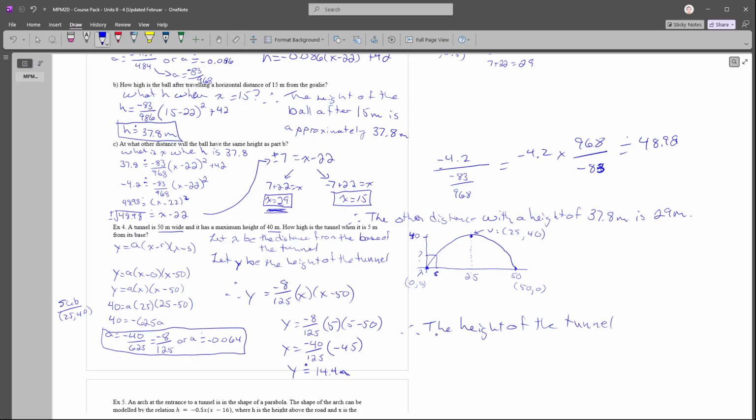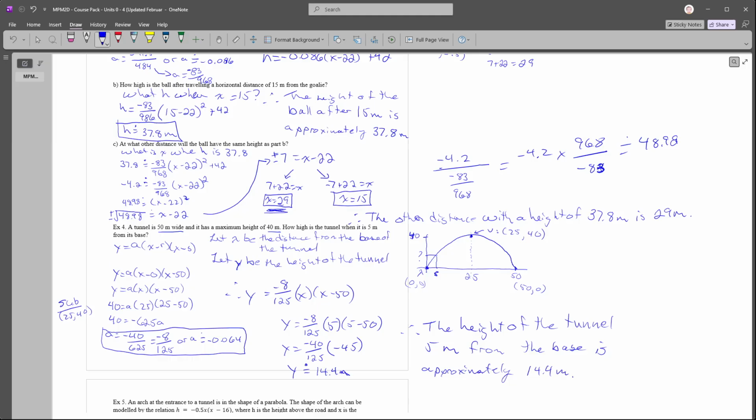The height of the tunnel, 5 meters from the base, is approximately 14.4 meters. There we go.